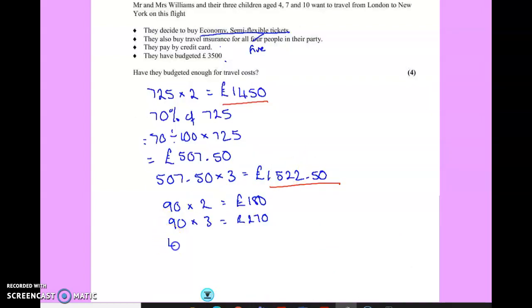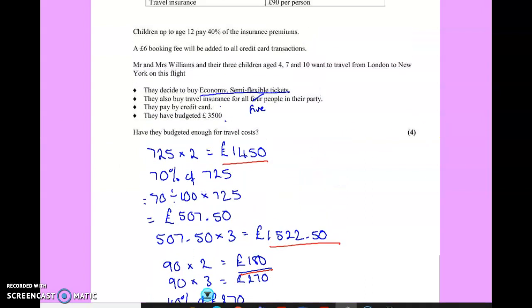So I want to find 40% of 270, which is £108. Okay, so we're also paying that. We're also paying that 180, that 108. We're paying by credit card, so we're also going to get a £6 booking fee added on.